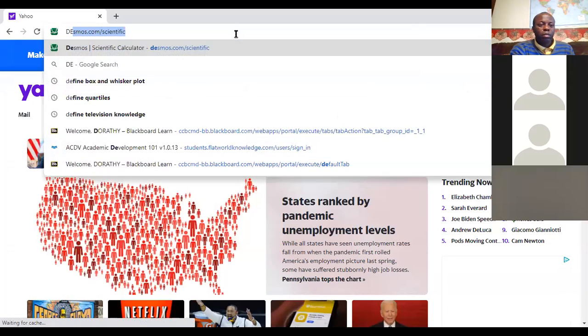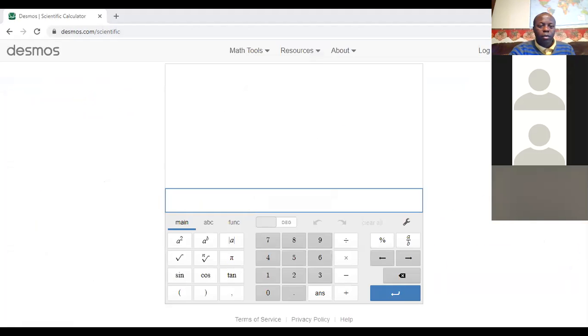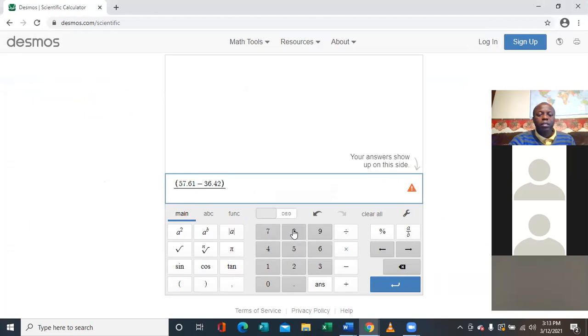All right, I have here $57.61 minus $36.42 divided by $8.15, which gives us 2.6. So K is 2.6.